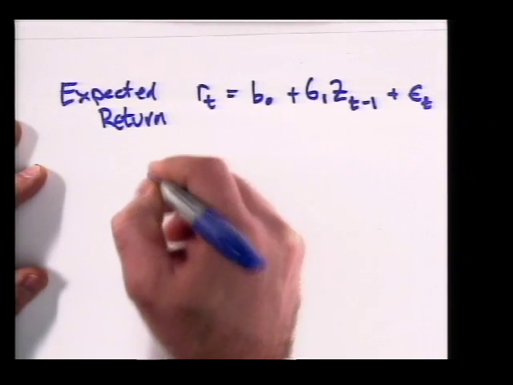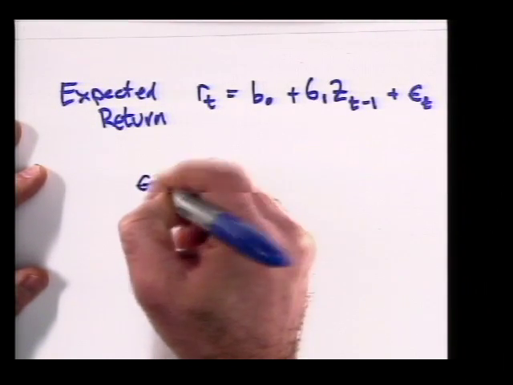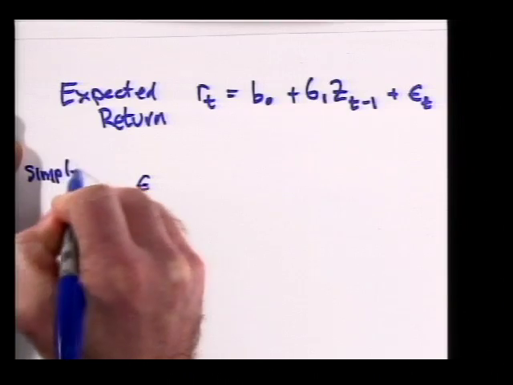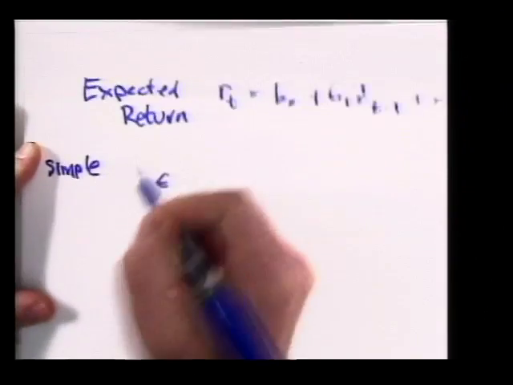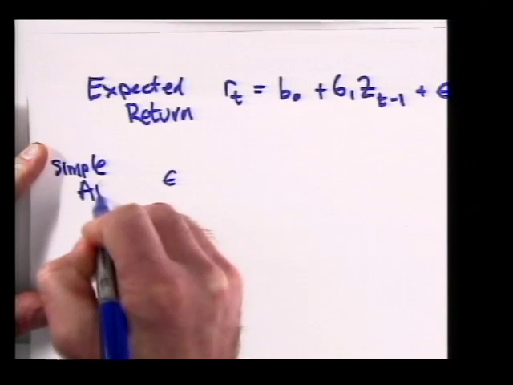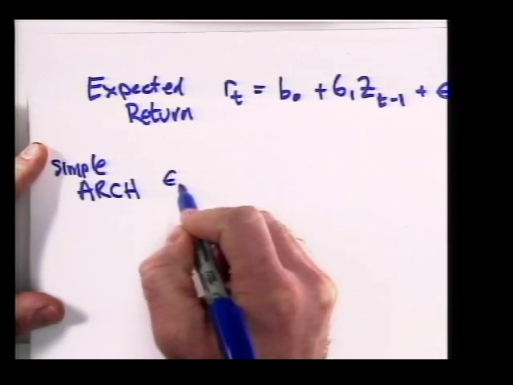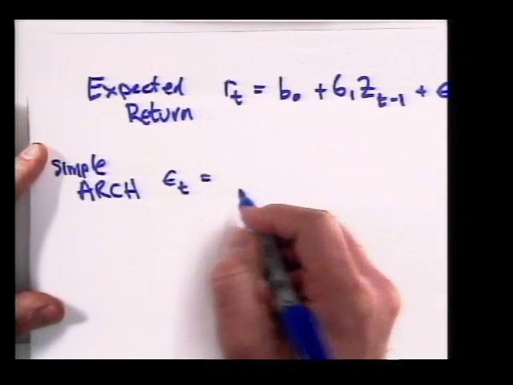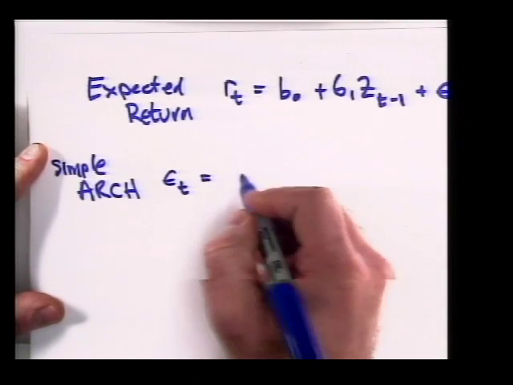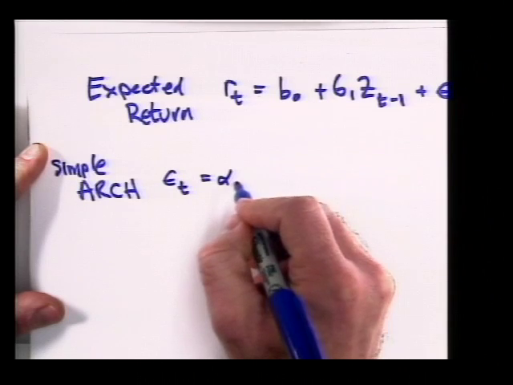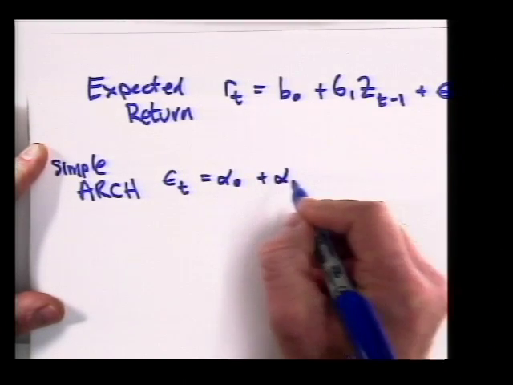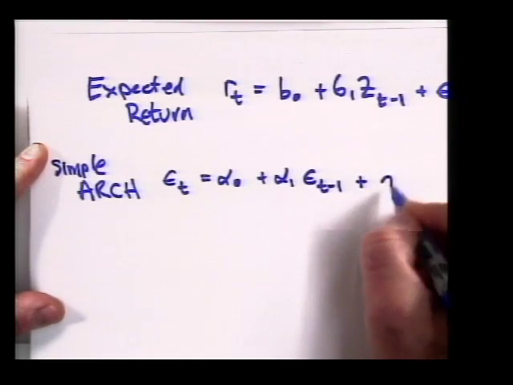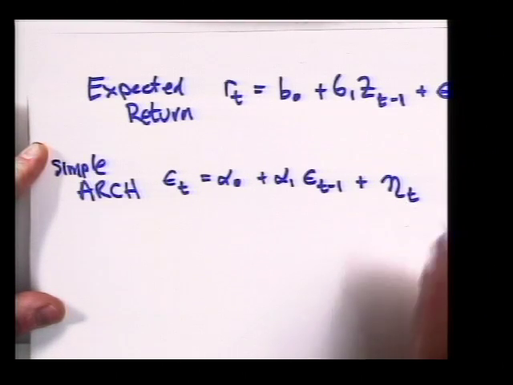Simple model where we take the epsilon. So this could be a simple ARCH kind of model. Epsilon_t equals, I'm running out of letters, let's go to alpha maybe. Alpha 0 plus alpha 1 epsilon_{t-1} plus some other Greek letter.